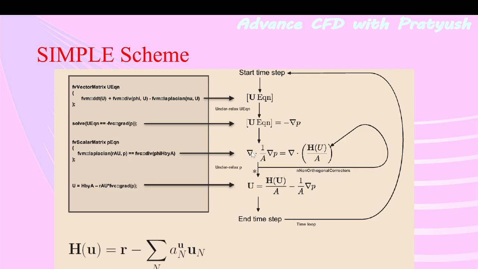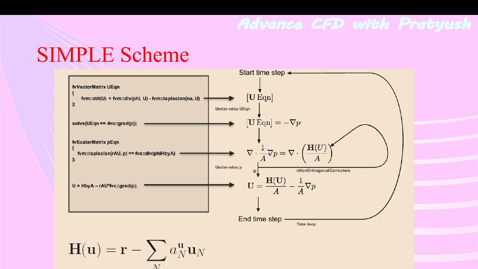Now this is where we have corrected the pressure, 1 by A into delta p equal to this equation. Sometimes the mesh is not orthogonally correct, and in that scenario we provide some non-orthogonal correctors. These things we have already explained in the advanced OpenFOAM classes.